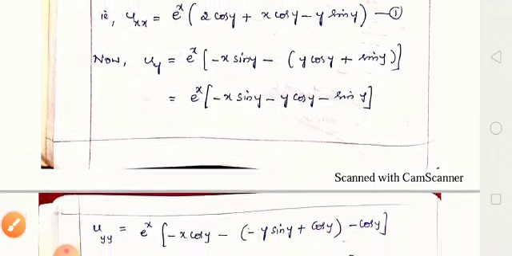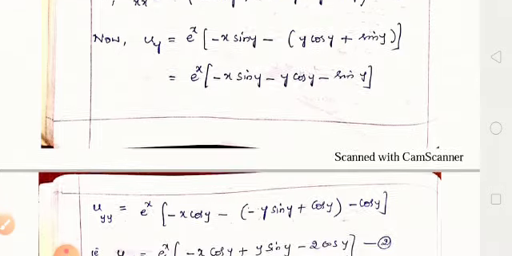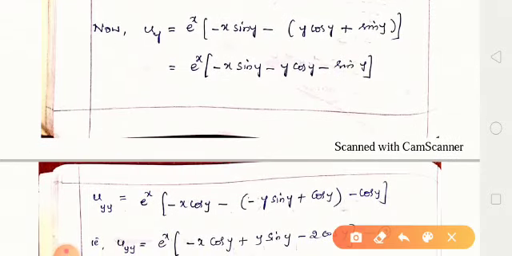Now I want uyy. For that purpose we differentiate uy partially with respect to y again. So uyy equals e^x, which is constant, into the derivative of minus x sin y, which is minus x as it is, and the derivative of sin y with respect to y is cos y. Now we have y cos y. Here we need to apply the product rule.